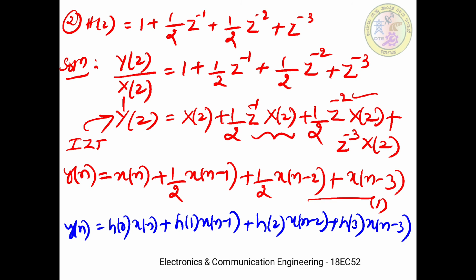So it is just sufficient to compare our coefficients. On comparison, h(0) is nothing but 1, h(1) is 1 by 2, h(2) is 1 by 2, h(3) is again 1. Here this is 1 into x(n), here also it is 1 into x(n minus 3).